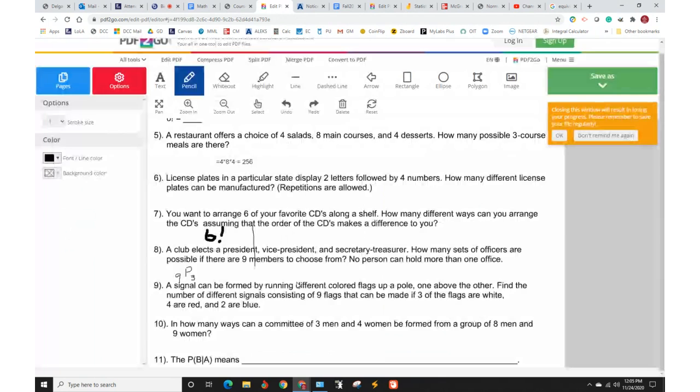Now, here's one. How many ways can a committee of 3 men and 4 women be formed from a group of 8 men and 9 women? So there's no order. For the men, it's 3 out of 8, and then 4 out of 9, and you're going to multiply these.